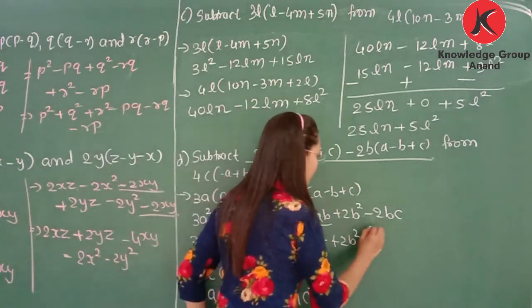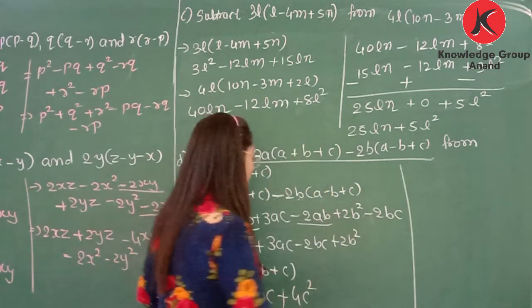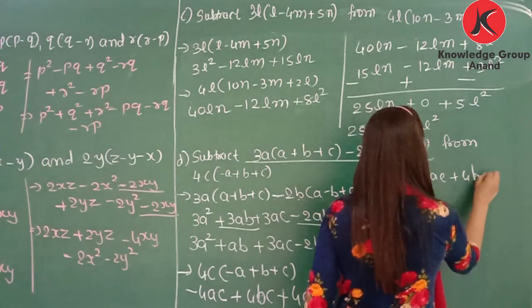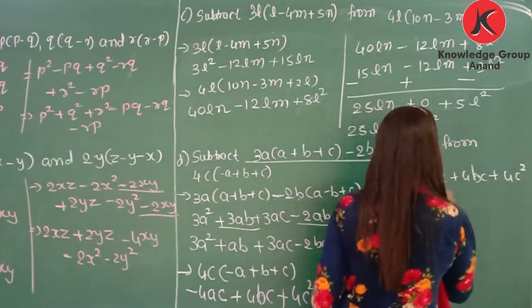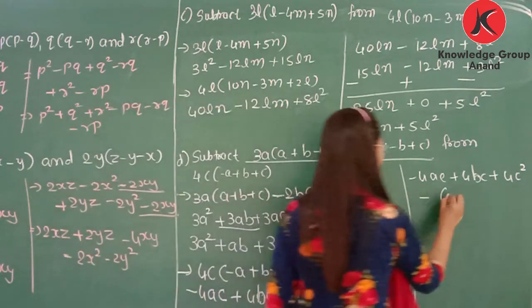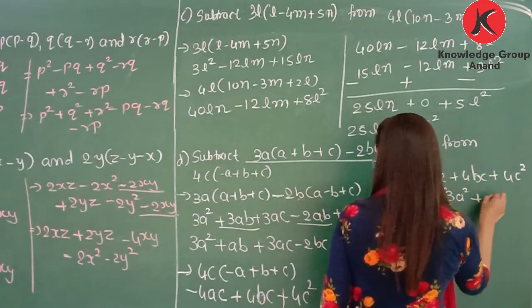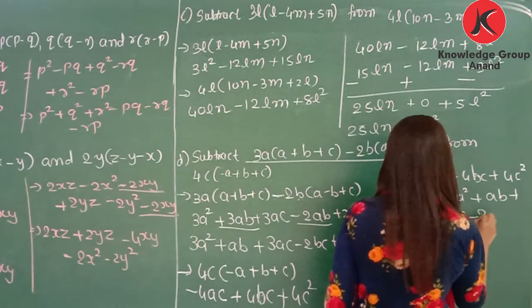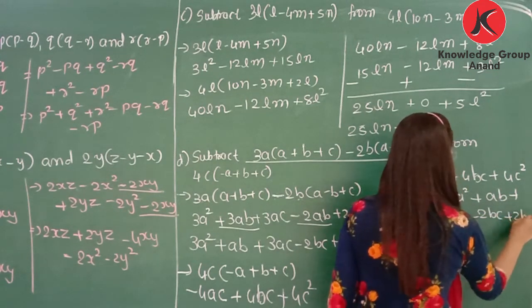So we can write minus 4ac plus 4bc plus 4c square minus 3a square plus ab plus 3ac minus 2bc plus 2b square.